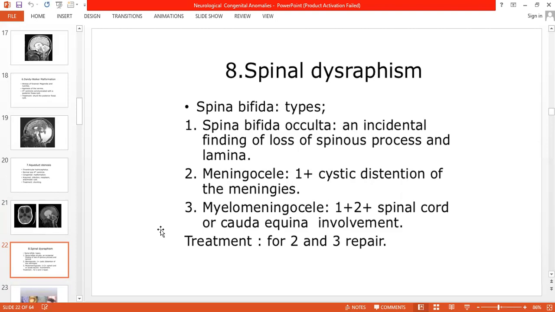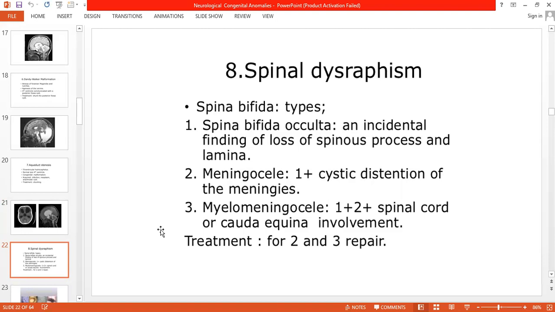Spina bifida aperta is further divided. Aperta is the one which is apparent. There is skin swelling, there could be abnormality in the skin, skin color changes, hair formation, or congenital hemangiomas, etc. So they are further divided into meningocele and myelomeningocele, the aperta ones.